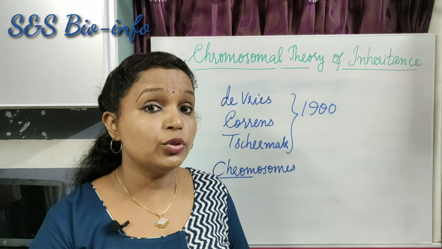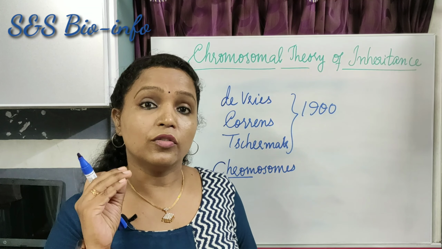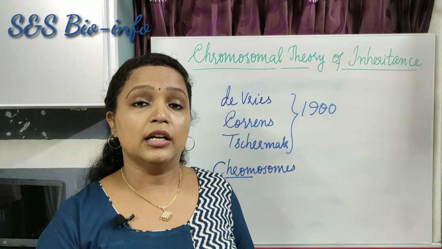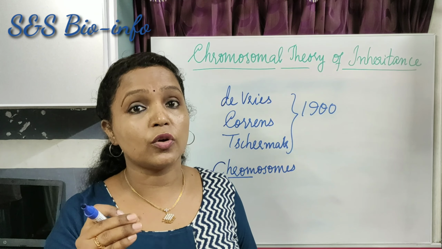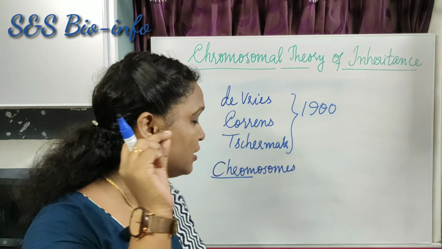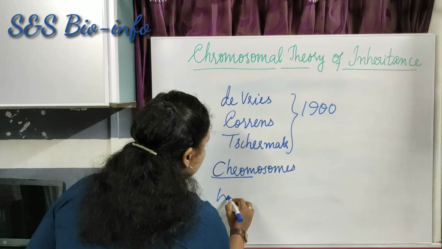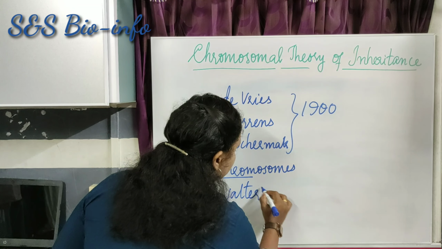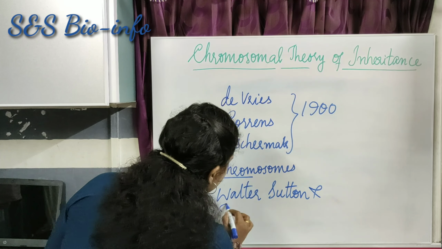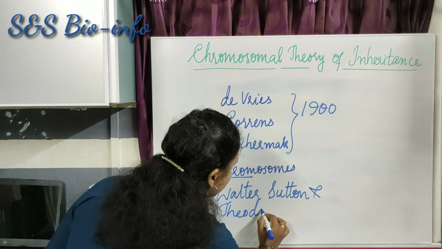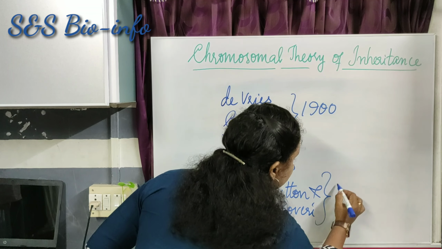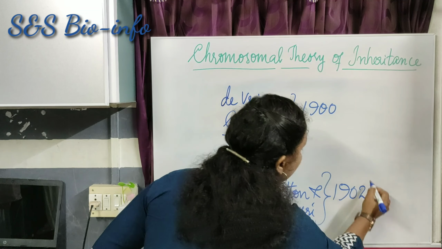By 1902, two scientists named Walter Sutton and Theodore Boveri noted that the behavior of chromosomes is parallel to the behavior of genes. The two scientists were Walter Sutton and Theodore Boveri in 1902.